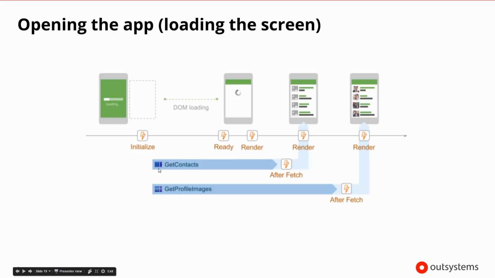So if this is the contact screen, it would say go get all the contacts, and for all of the people that are in our contacts, get their images. So after initialization, the requests for data occur, and then it begins loading up the page.